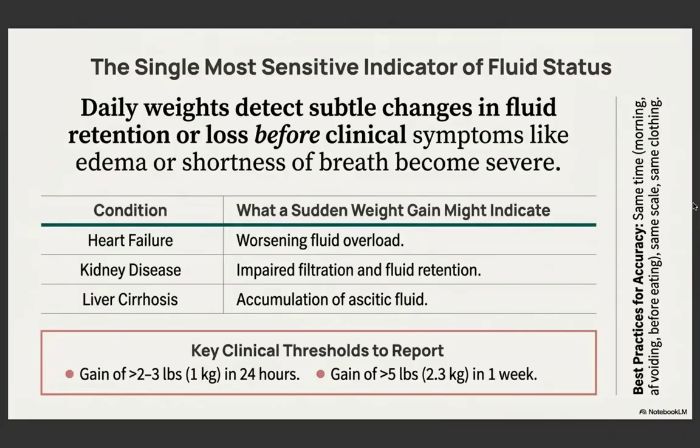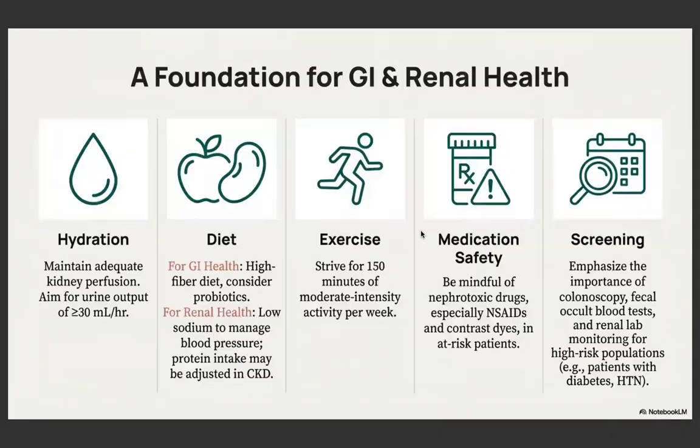Fluid overload is not only in heart failure, but the key here is that anything above 2 to 3 pounds in 24 hours or above 5 pounds in 1 week is going to be abnormal, and you have to notify your provider. Shortness of breath, that fluid in the lungs, frothy sputum, anything like that, we want to make sure that we document and we notify.